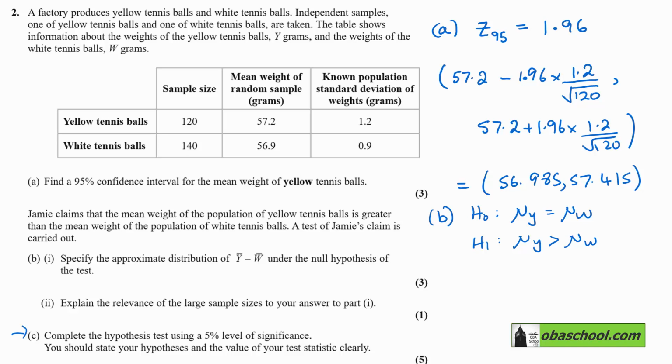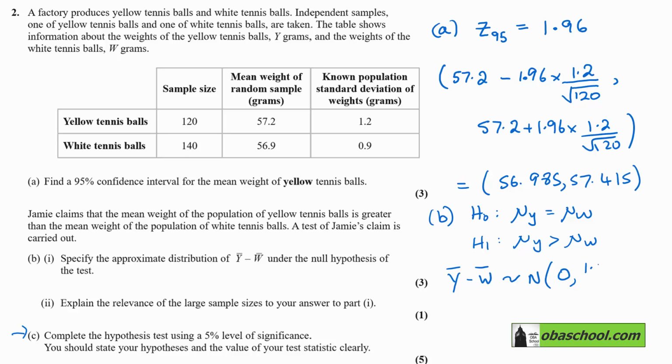So we're looking at Y bar minus W bar. That's going to be a normal distribution. And since the null hypothesis is that the means are equal, the difference would be 0 here. The variance is going to be the sum of the individual variances for samples.